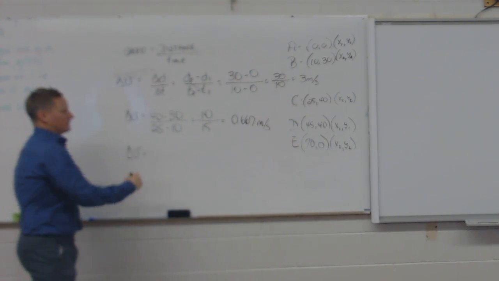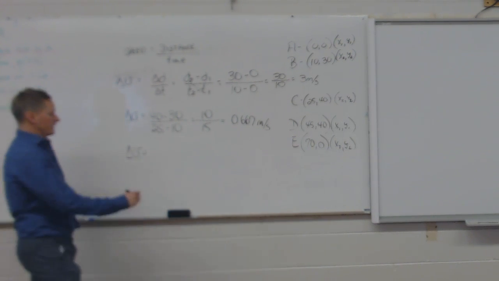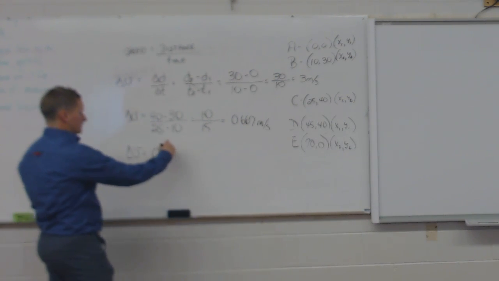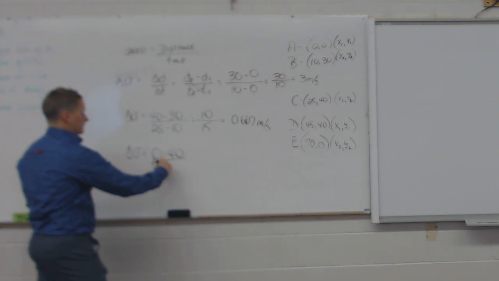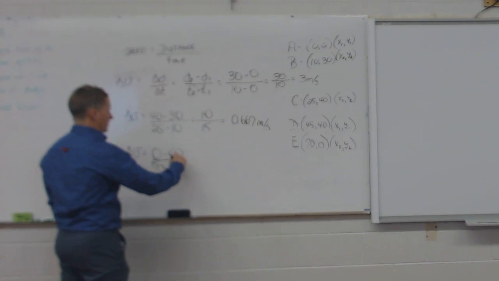Change in velocity. Y2 is what? 0. Y1 is 40. X2 is 70. X1 is, I keep doing that, 45.